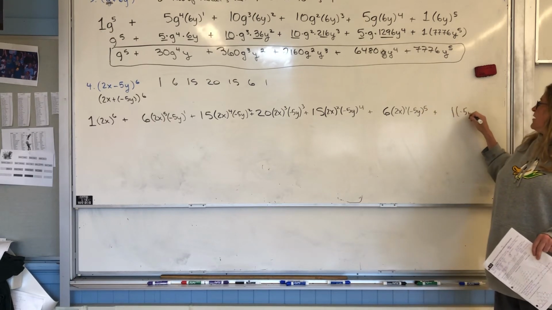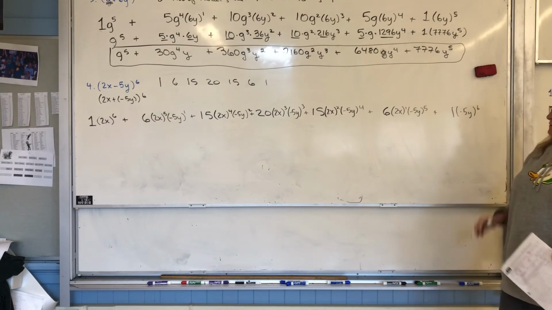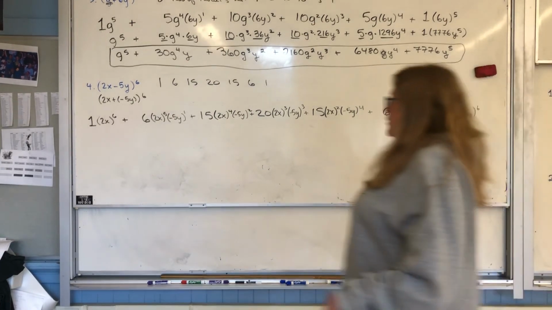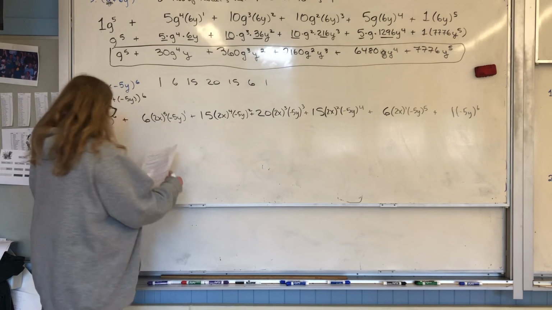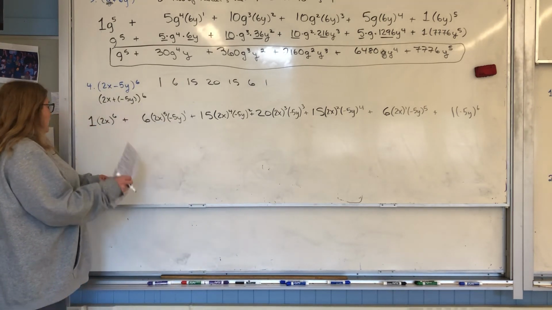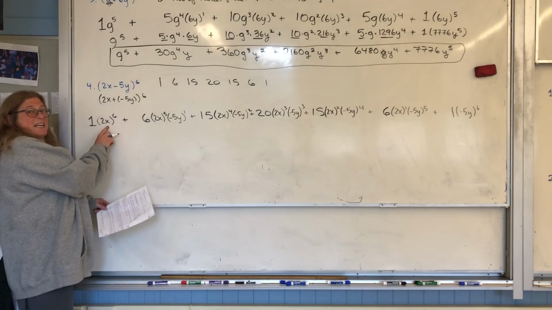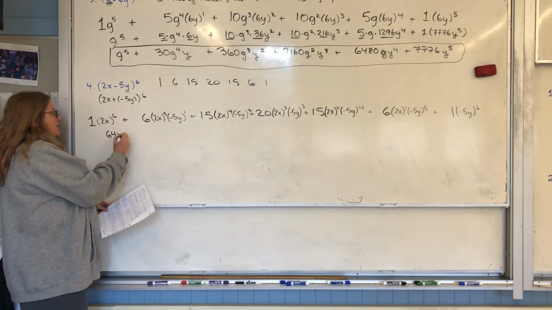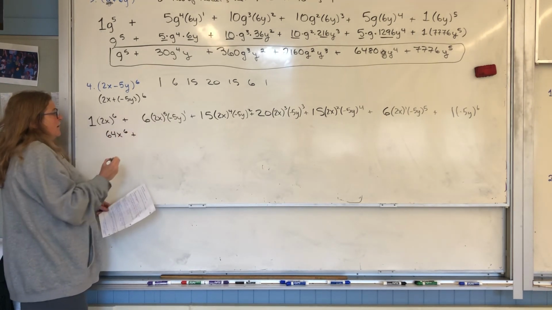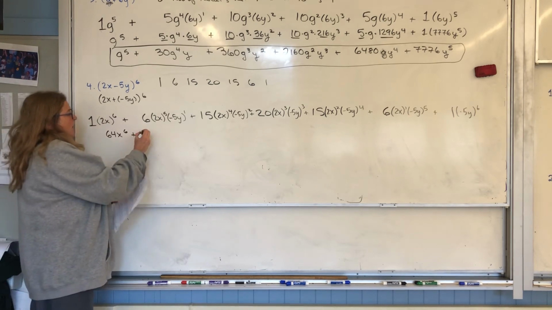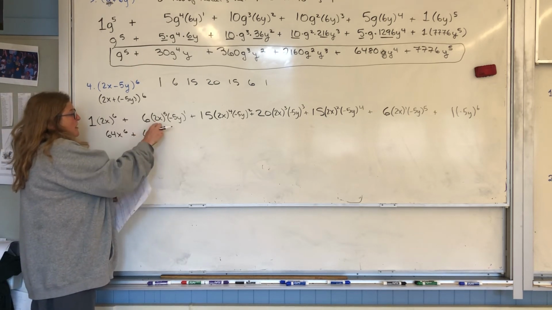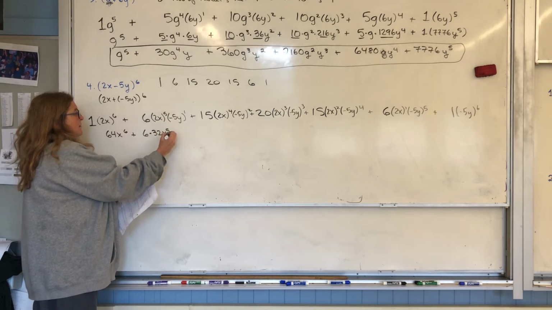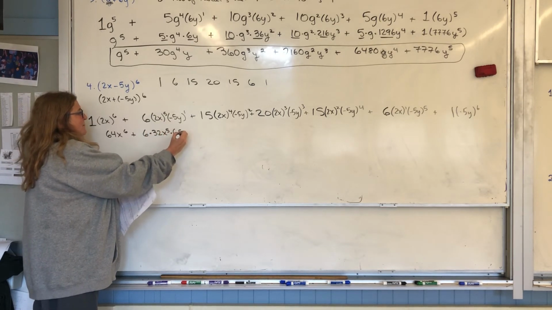Okay, this is what I've got here. Now this one's going to be a little bit more burdensome to multiply out. Here I have just 2x to the 6th, which is 64x to the 6th. Here I've got 6 times 2x to the 5th, which is 32x to the 5th, times negative 5y.